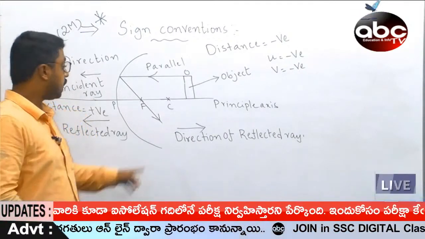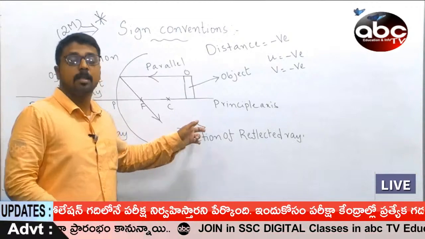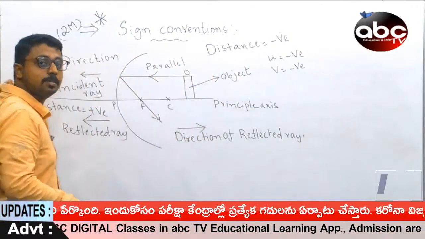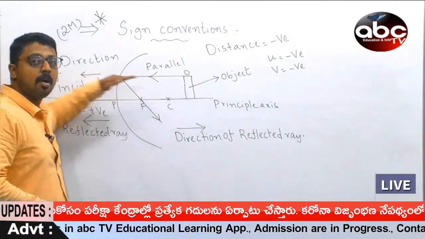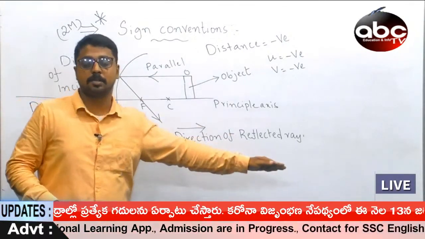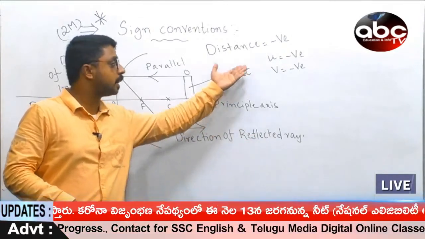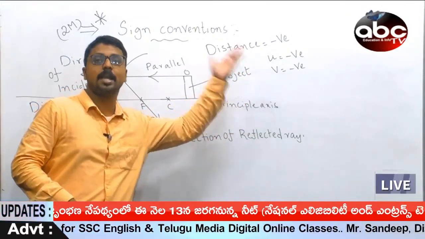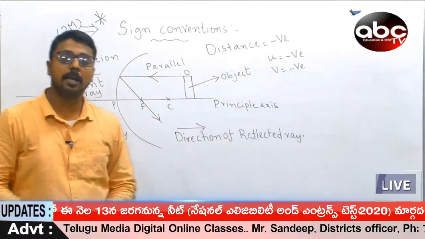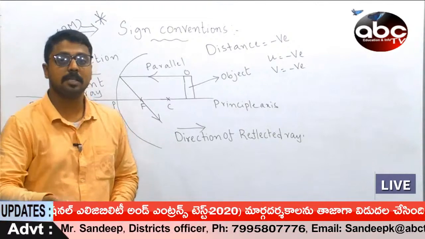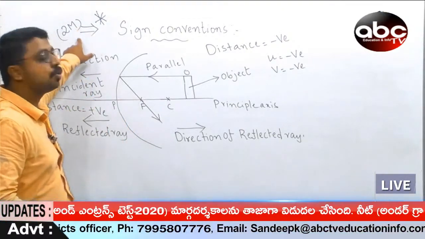But here, in this case, both are in opposite directions. The incident light ray is going in this manner, and the reflected light ray on hitting the mirror comes like this. Therefore, we expect the distances in negative format. These are the 3 points along with a neat labeled diagram. You can write this answer to obtain 2 marks.